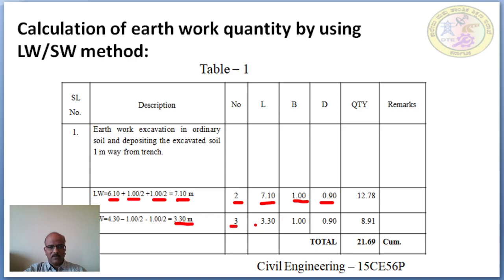The length of the short wall is 3.3 meter, the width of the excavation is 1 meter and the depth of excavation is 0.9 meter. Then the quantity will be 8.91 meter cube. And we need to add these together to get a total quantity of excavation, that is 21.69 cubic meter.